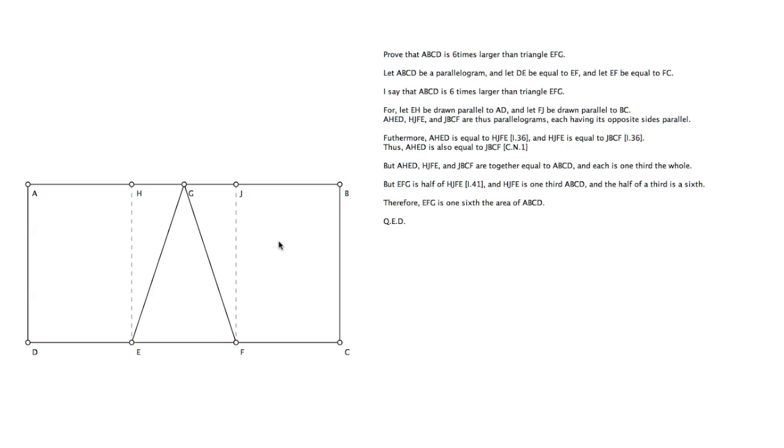Euclid does this kind of thing pretty frequently, by the way. He's not cheating by leaving out some of these other steps. He just assumes that the reader is going to be clever enough to figure out what he's talking about, and that's what I've done here, right? I haven't explained, well, because there are three of them in the whole, therefore each one's equal to a third. I've just said, well, because these are equal to this one, each one's a third.